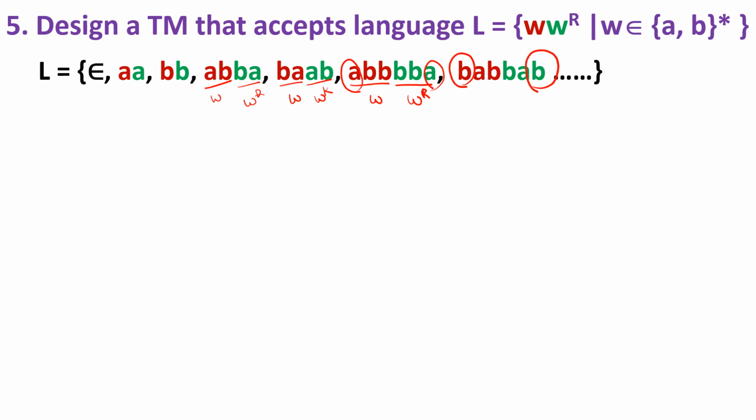So using this feature of this language, we go for designing a Turing machine in such a way that if W is epsilon, then the initial state, for an epsilon string, that is for a blank, will go to the final state.